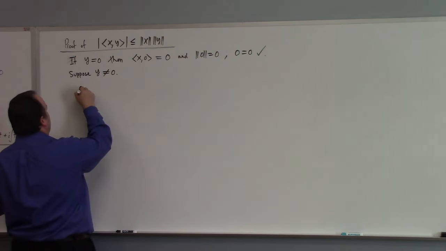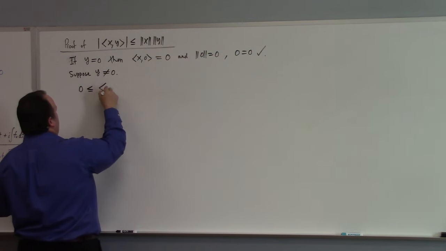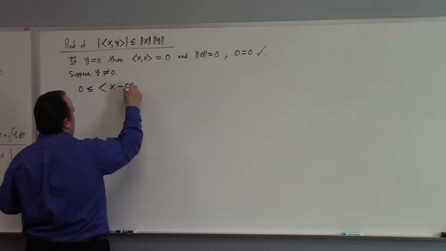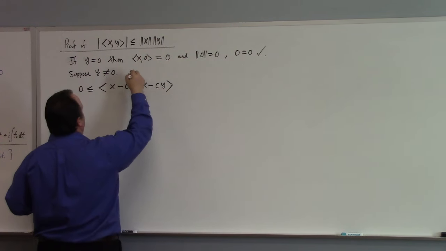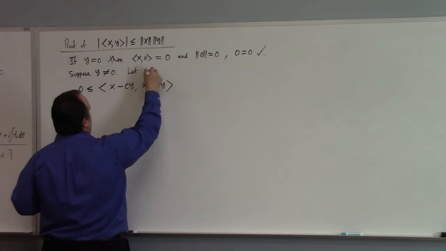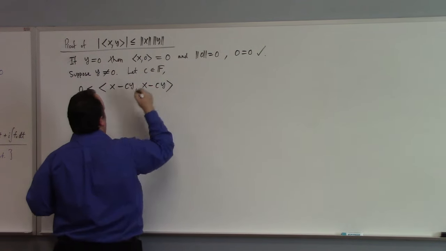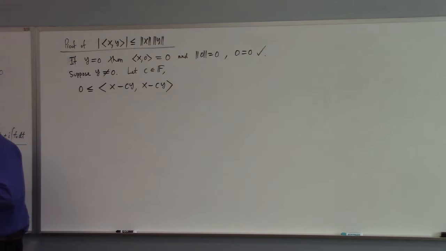So 0 is less than or equal to the inner product of x minus cy with x minus cy. Do you guys agree or disagree? Yes, for any constant scalar, this has to be true. Why does this have to be true? This is baked into the cake of the inner product, right?